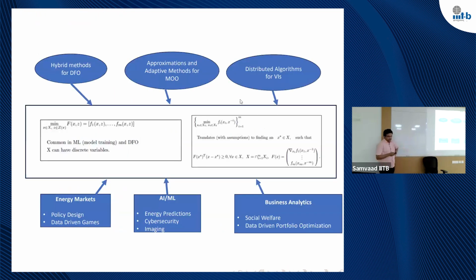More pictorially, when we're looking at combined learning and optimization problems, there are model-based methods like trust region methods or Bayesian methods, and there are search-based methods like direct search and Nelder-Mead. We're trying to fuse both of these and see the benefits of both worlds. That's from a theoretical or algorithmic standpoint.